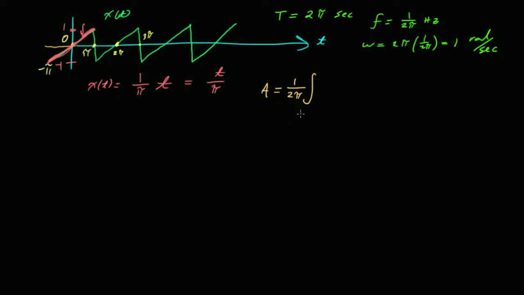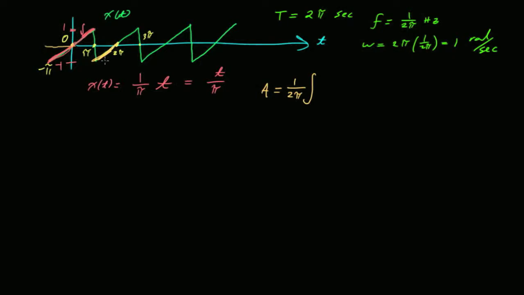Now, if you wanted to, you could integrate it from 0 to 2 pi. But if you integrated it from 0 to 2 pi, look at the mess you would make for yourself. I would have to use this formula, t over pi, from 0 to pi. And then I would have to use another formula for x between pi and 2 pi.